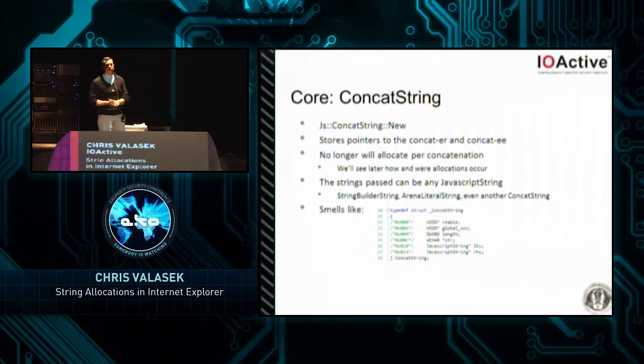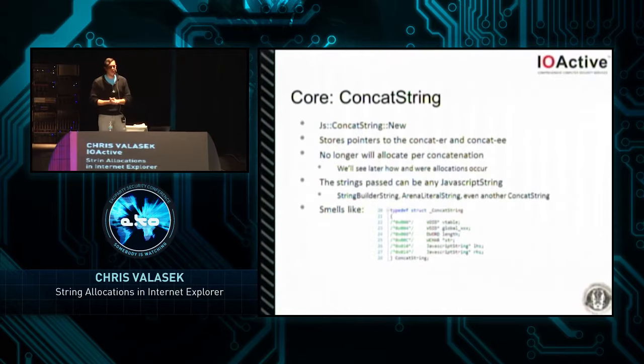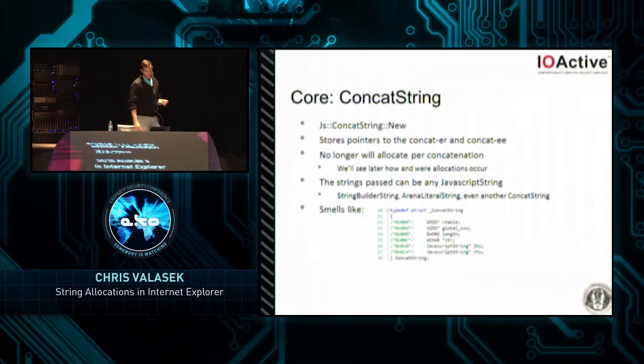Concat strings are also new objects and methods. Before, when you would concatenate 2 strings, it would actually get the size of that and potentially create a new piece of memory for that string. That's no longer the case for IE9 and above. What will happen now, instead, is they just keep track of 2 pointers.